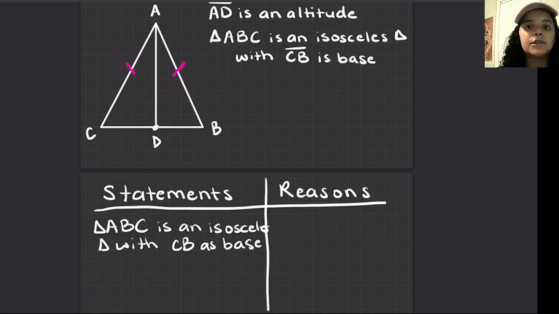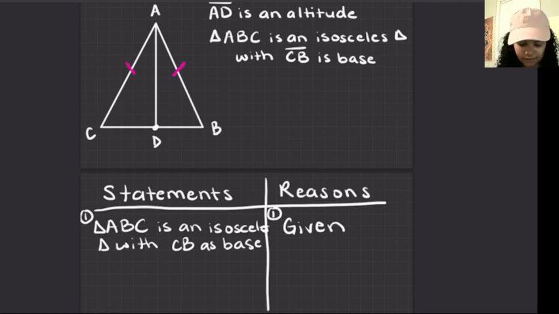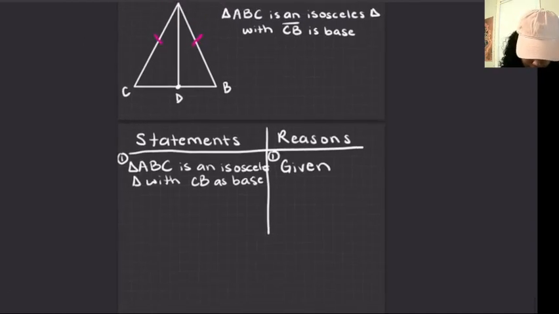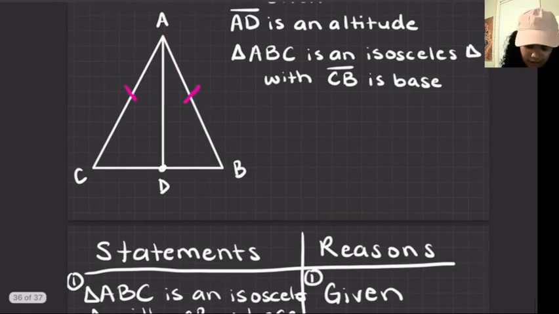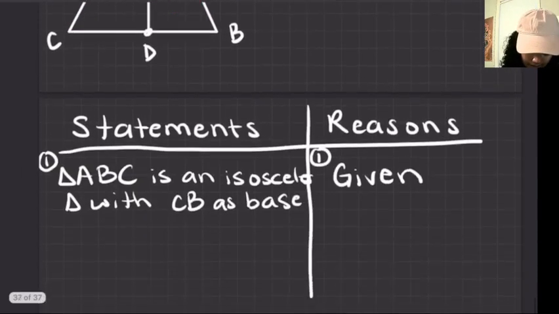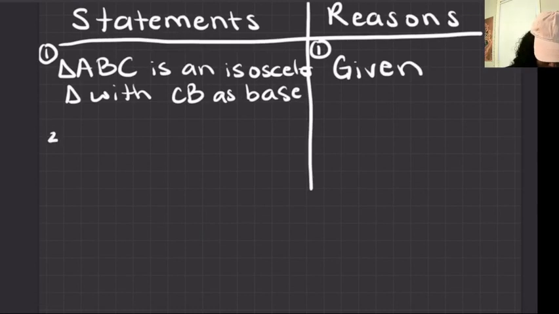And as always, this is a 2-column proof. So in 2-column proofs, your first statement is always going to be whatever information is given to you. You can always split up this information, and in this case I will. You don't always have to split up the given information, but here I will, because knowing that ABC is an isosceles triangle and knowing that CB is the base, like I already said, now we can say that AC and AB are congruent to each other, okay?